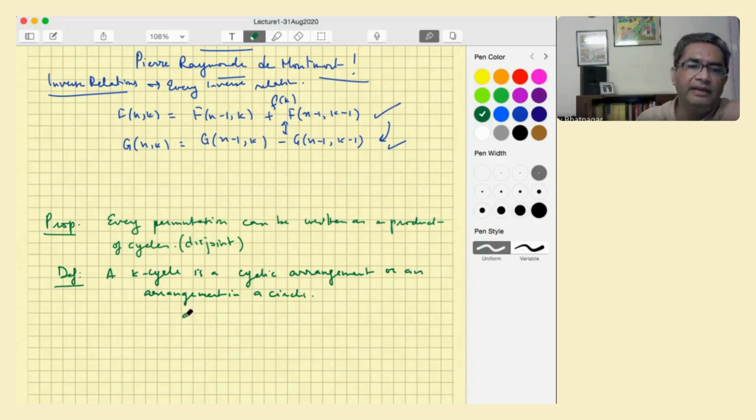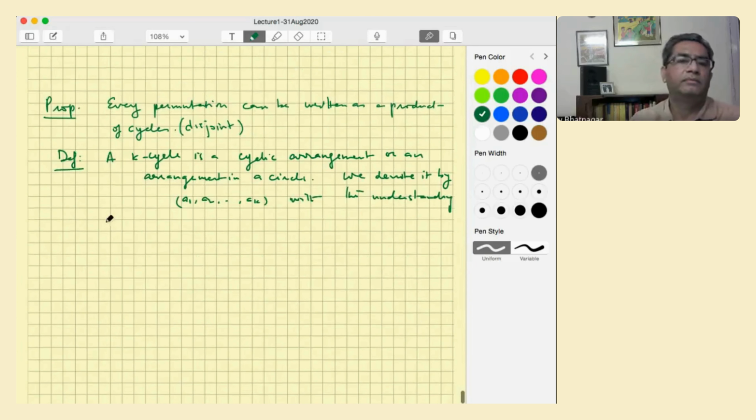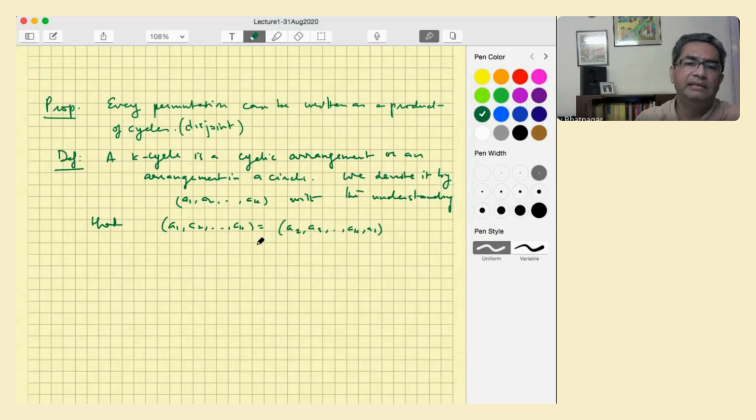So we are looking at A1, A2, up till AK, with the understanding that A1, A2, ..., AK is the same as A2, A3, ..., AK, A1, and so on. Keep circling through that, and so you can at some point begin with AK, A1, A2, and so on.